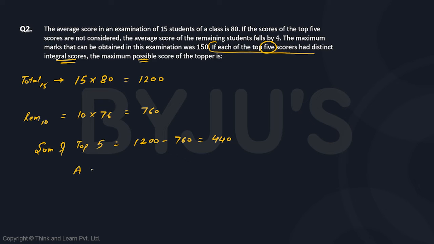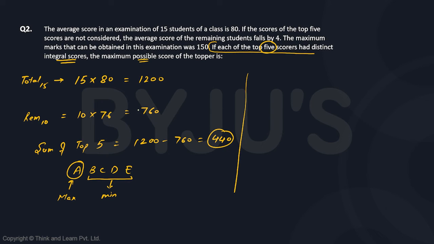Okay, so let's say A, B, C, D and E. These are the top 5 scores where A is the topper among them. So to maximize this value, we should minimize these 4 numbers, because they have a constant sum of 440.